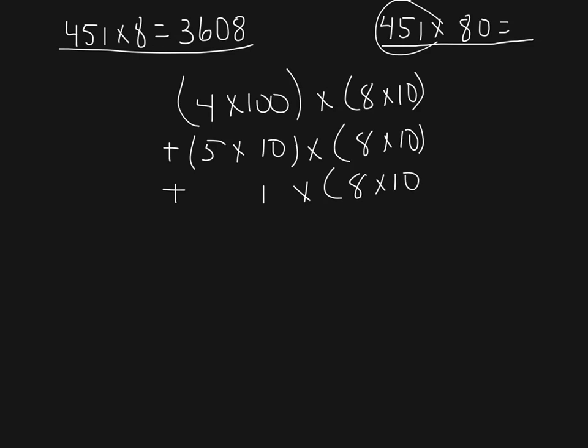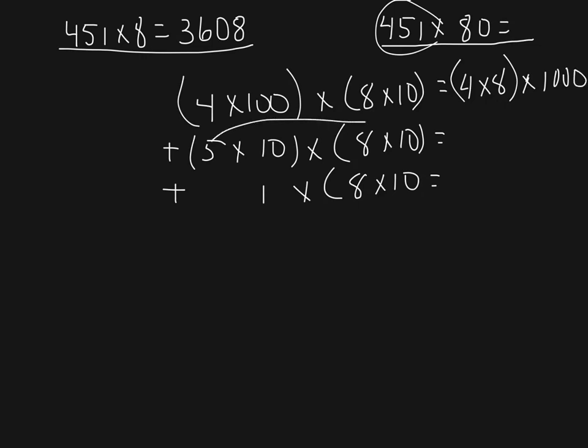And then we are going to use the associative property to reorganize our numbers. So now we have 4 times 8 times 100 times 10. And I'm going to go ahead and write that as 1,000. And then we have 5 times 8.